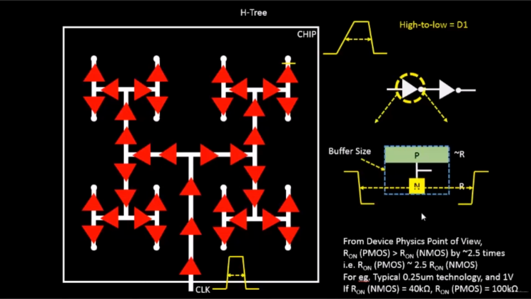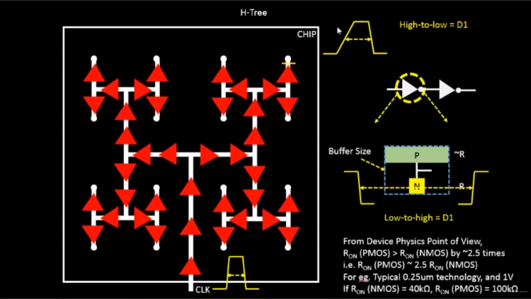Now if you calculate the delay, it's exactly the same. It's again D1. We have got rid of the delta factor over here, and we have also come to a very healthy conclusion, where we say that the fall to rise transition time is now equal to the rise to fall transition time.